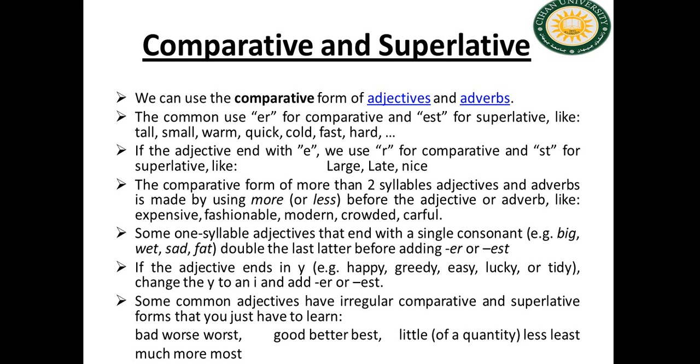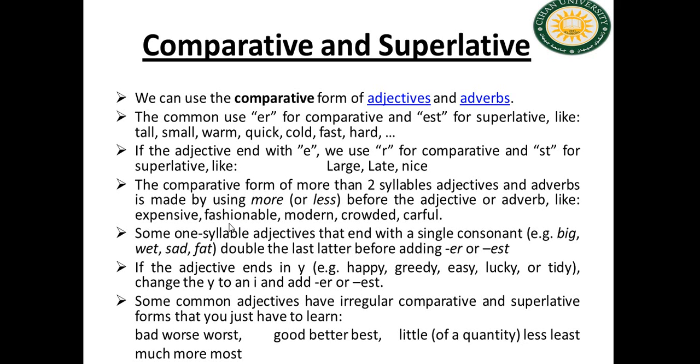However, there are some words that have 2 syllables or 3 syllables. You see here, large is 1 syllable. Small, when you say it, is 1 syllable. But for example, if I say expensive, there are 3 syllables here. Fashionable.